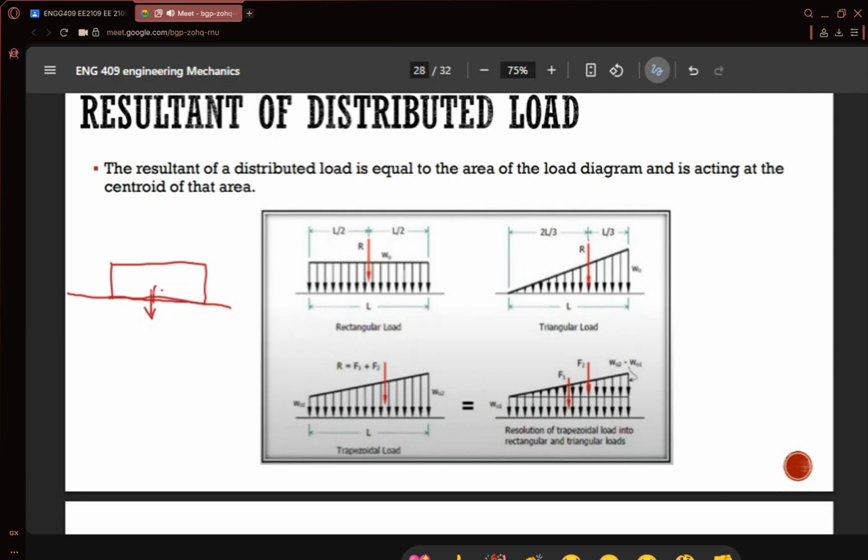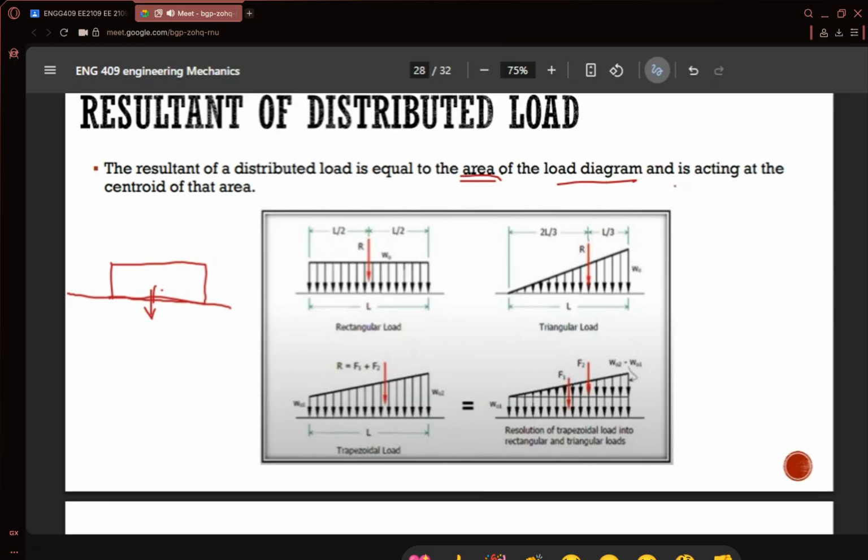Because take note, for parallel forces, we also need to determine the position where it is concentrated. Okay, so the resultant of a distributed load is equal to the area of the load diagram. So you have to be familiar with the load diagram. Take note, you're going to solve for an area, because that is somewhat like the summation of the parallel forces.